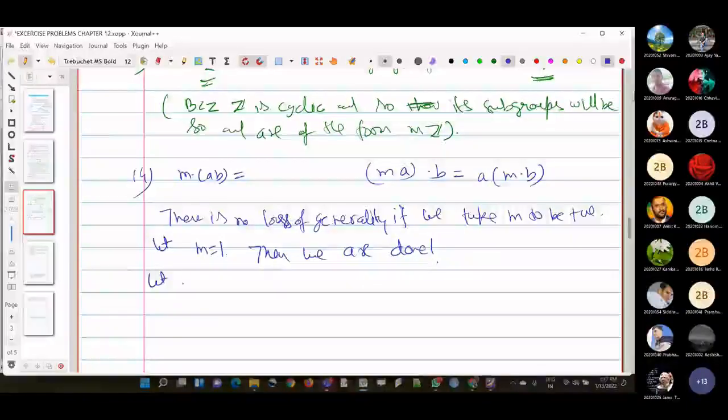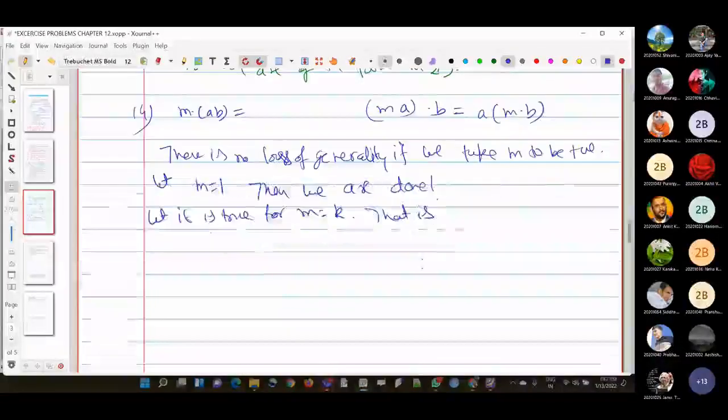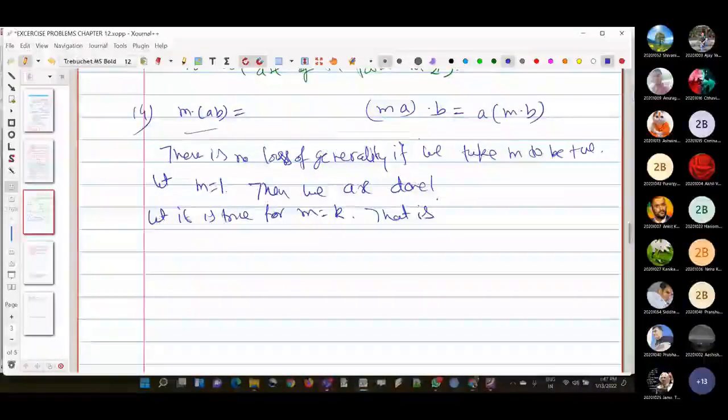So let it be true for m equal to k. I'm writing the first two parts first; you can later take the others in a similar fashion. So 1 times ab equals 1a times b, so ab equals ab.